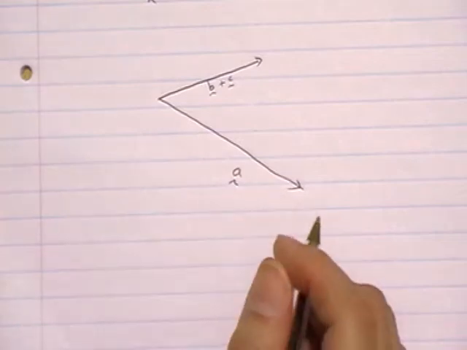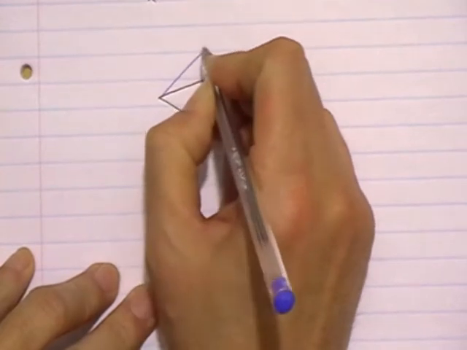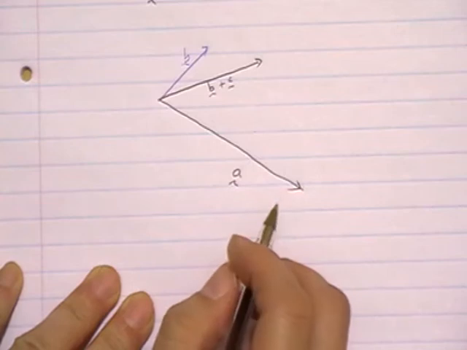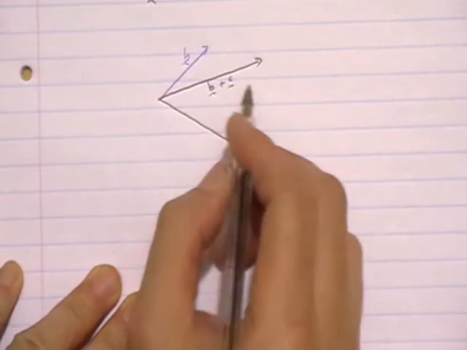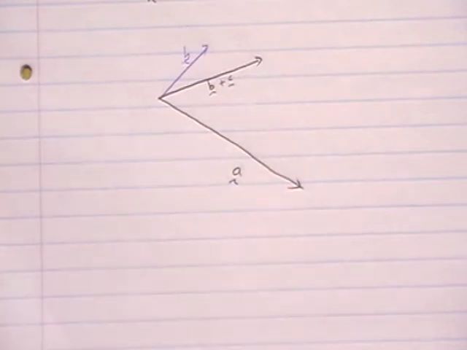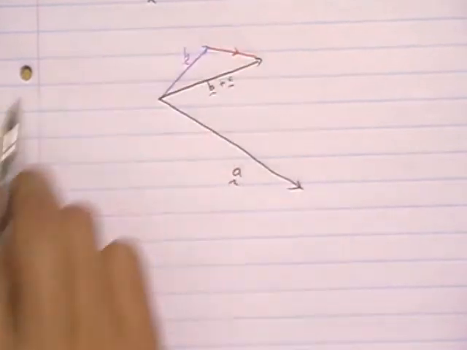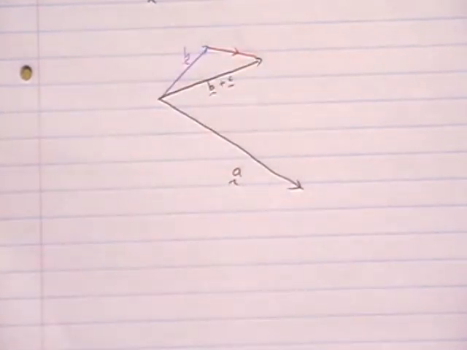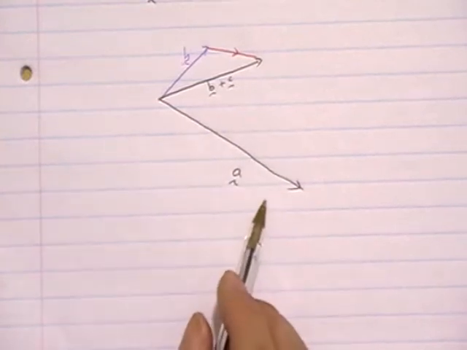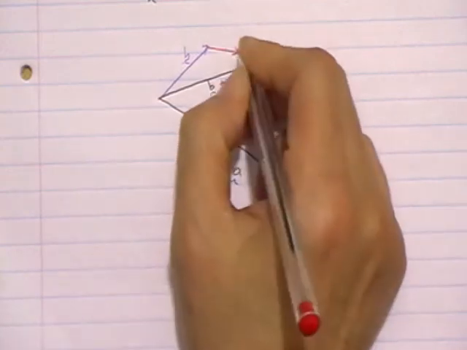Now, this is the vector B. Now this is the vector C. Remember that this is a three-dimensional picture, so they're not all in the same plane.